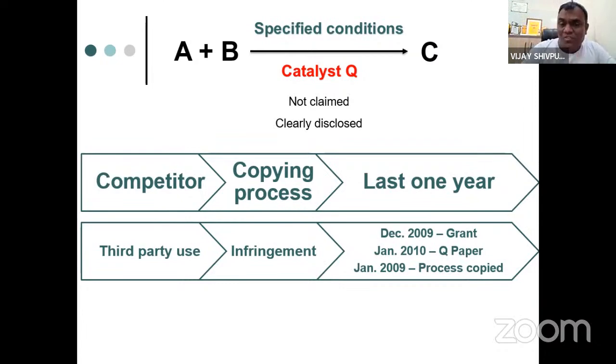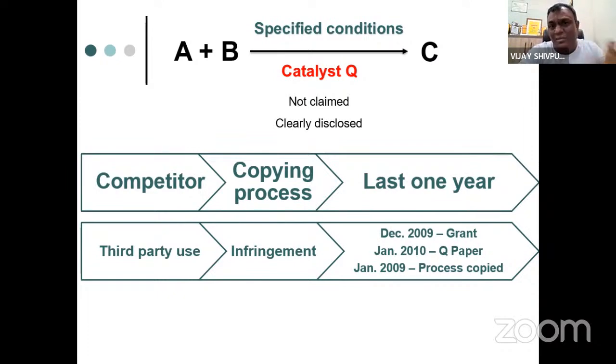Now the question first asked is whether the applicant would have any difficulty in enforcing the rights. Before that, you also need to check whether the competitor's product is infringing or not, and that is the most important key question here.